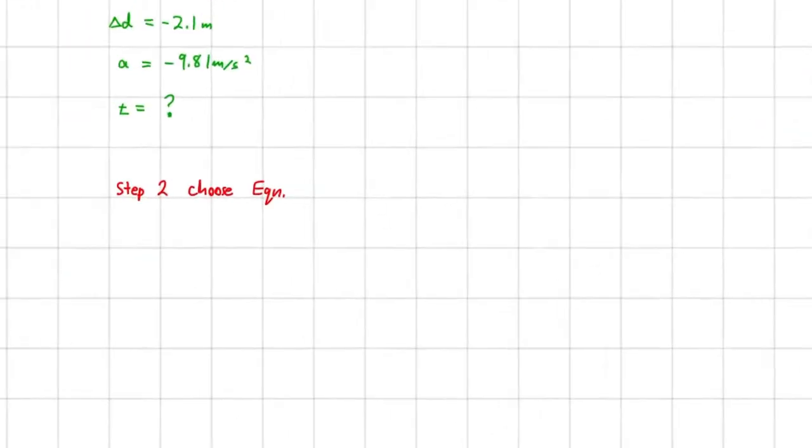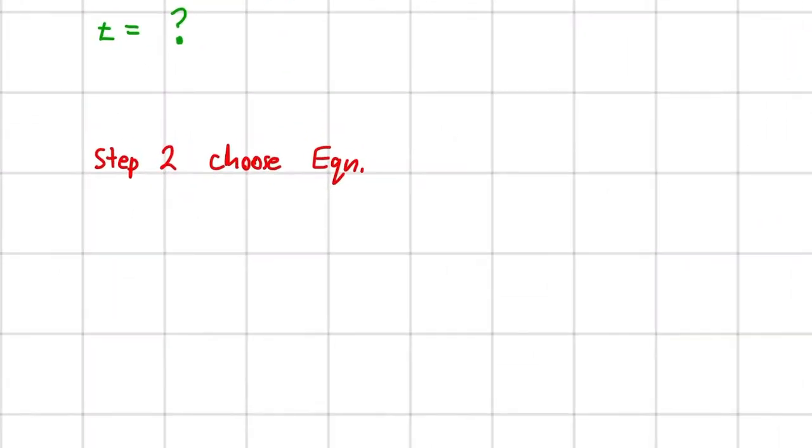So given that we have the v1, acceleration, delta d, and time, that tells us we're going to use equation number 2.